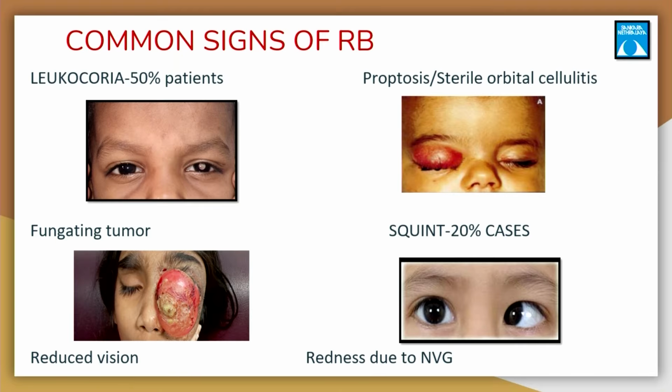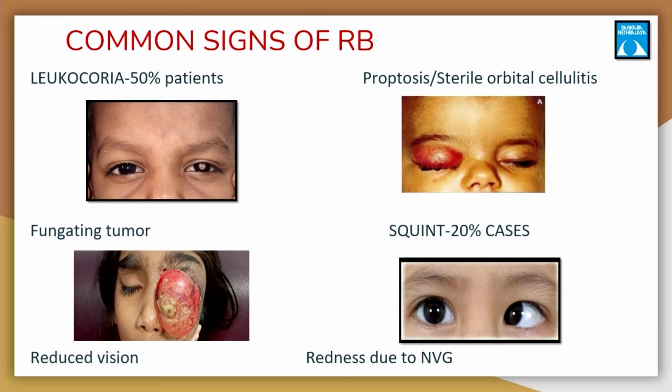I think it's also important to mention from which part of the globe you're quoting these percentages. In a developed country versus a developing country, fungating tumor or cellulitis would be very, very rare. Cellulitis can still occur because of a necrotic tumor, but proptosis and a fungating tumor are almost never seen in developed countries.